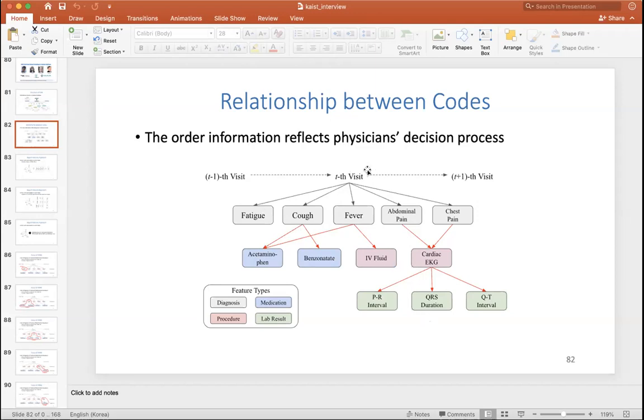So this graph consists of 13 nodes, and you can convert this graph of 13 nodes into an adjacency matrix. You can very easily construct an adjacency matrix where cough is connected to acetaminophen and benzonatate, fever is connected to acetaminophen and IV fluid, and so on and so forth.